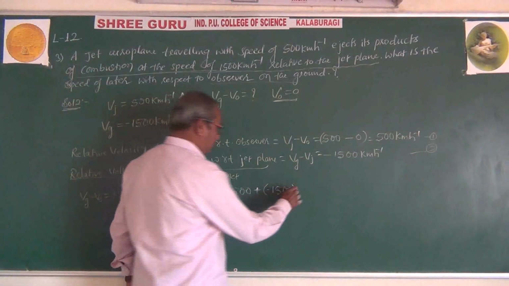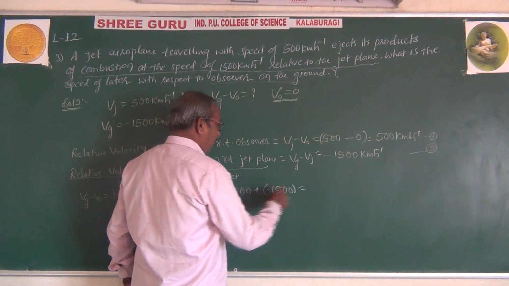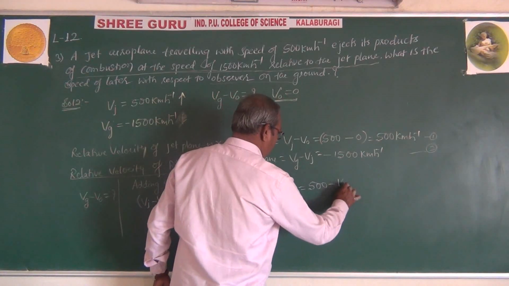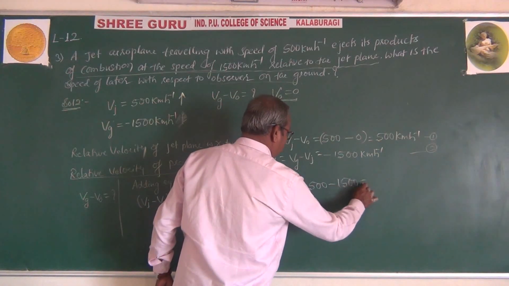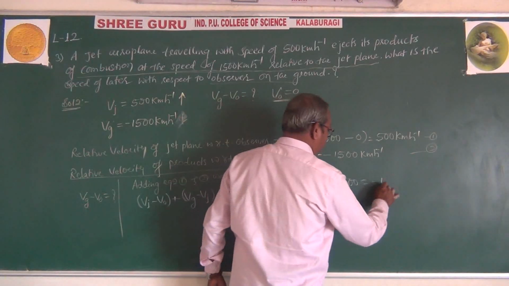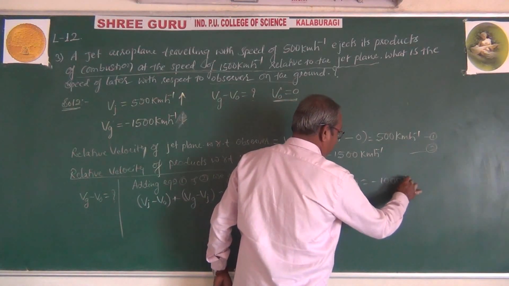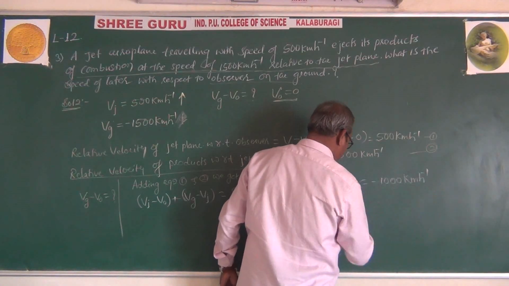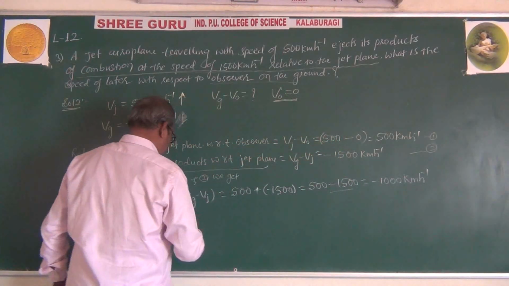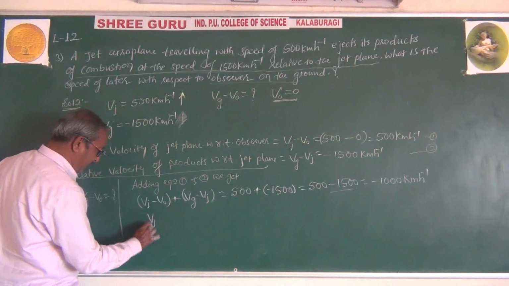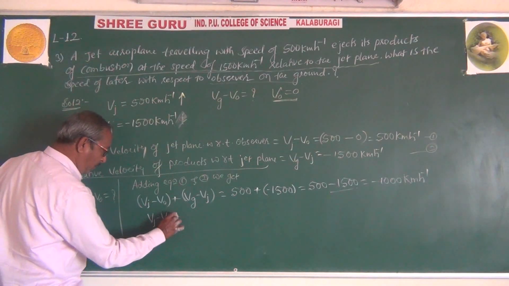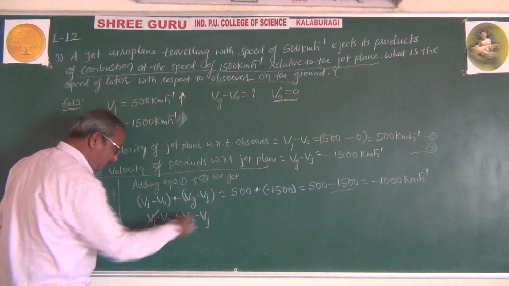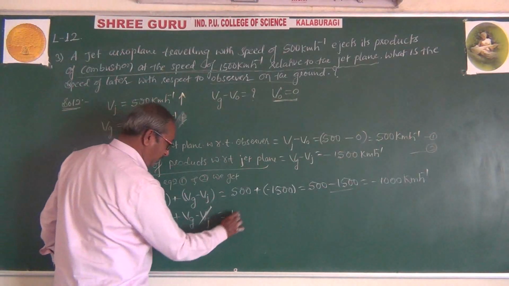This is equal to how much you are going to get? 500 plus minus 1500. This becomes minus 1000 kilometers per hour. So this is Vj minus Vo plus Vg minus Vj. The Vj minus Vj cancels. Here how much did you get?